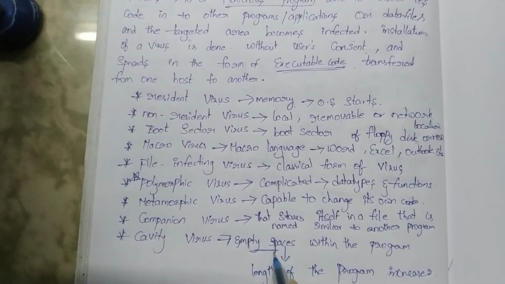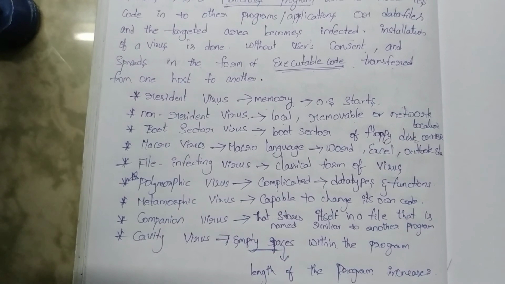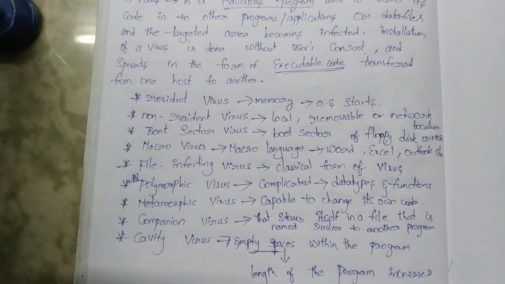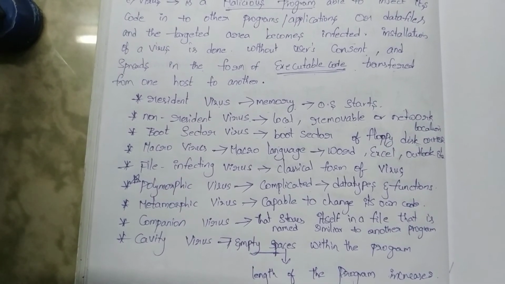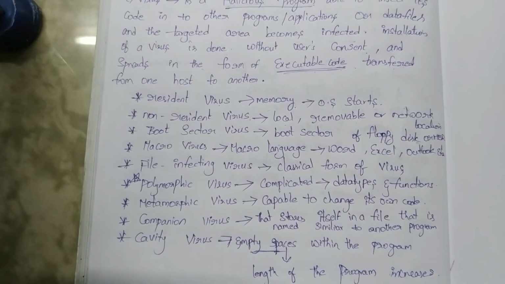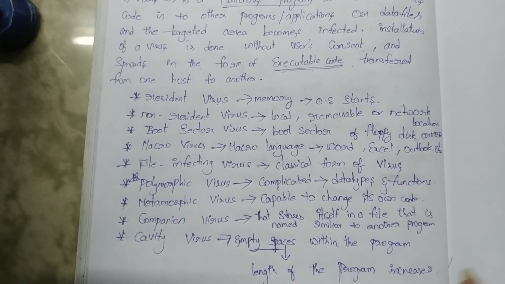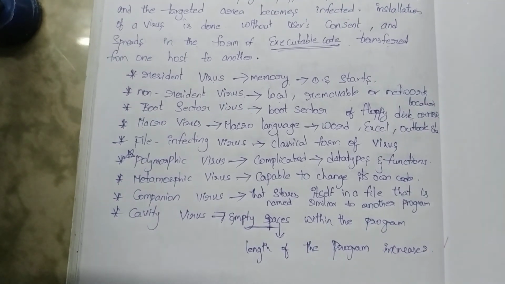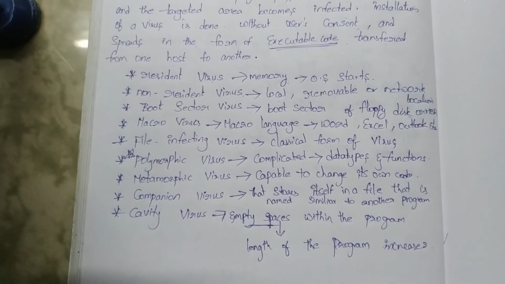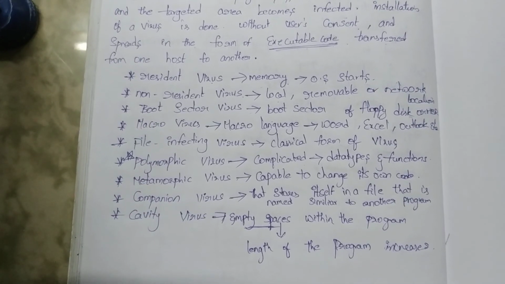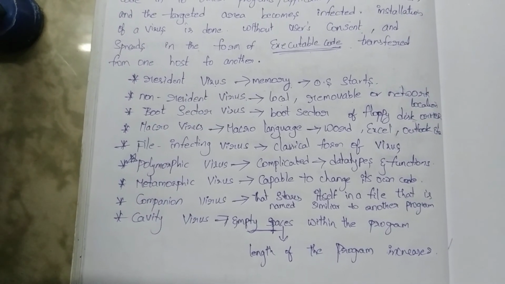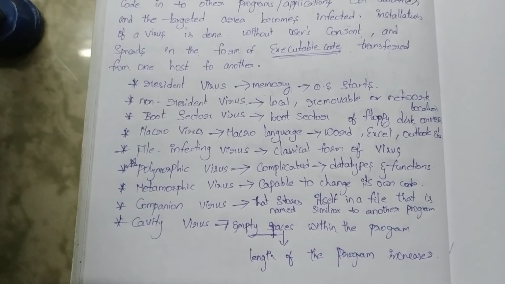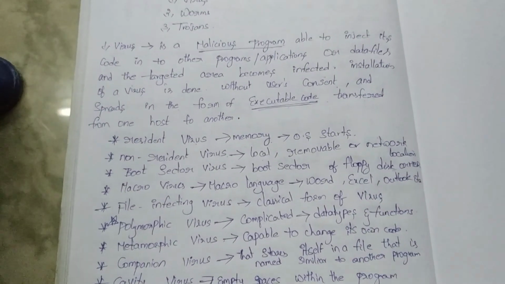For example, if a program of 10 lines is there, this type of virus increases that code to hundreds of lines. Due to this, the length of the program code increases, and a variety of changes also exists in our program. That's all about the virus.